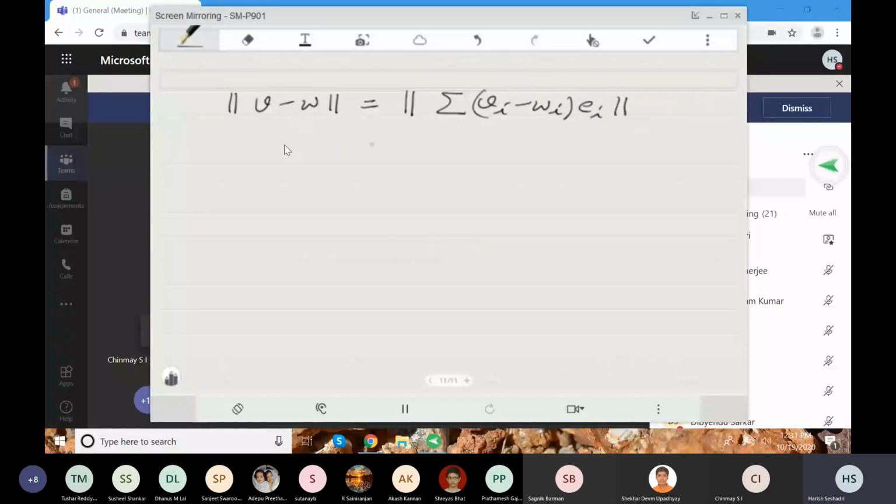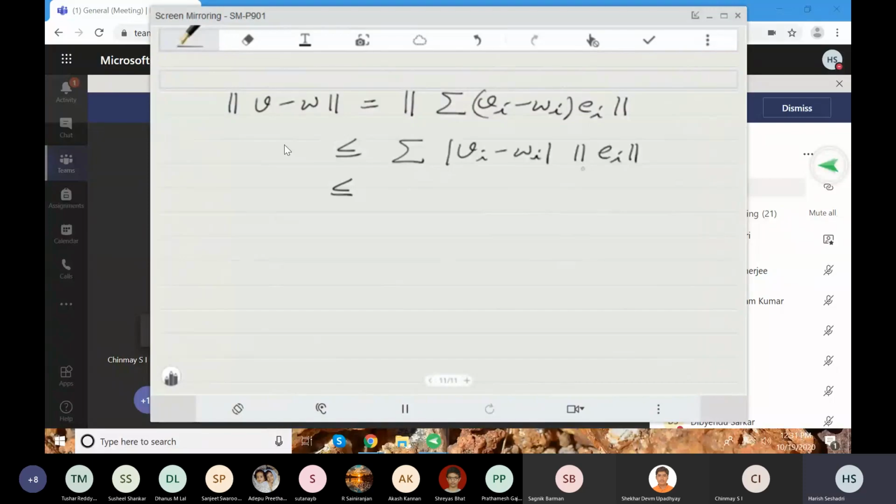Now I'll use the triangle inequality. This is one of the main properties of the norm. It is less than or equal to the summation, and then I'll also use the scalar multiplication property of the norm. Then these norms of ei are all positive numbers.